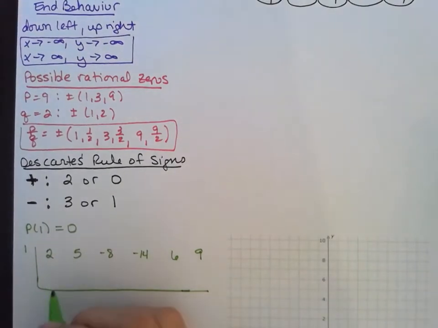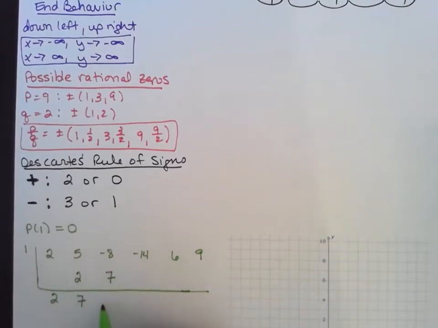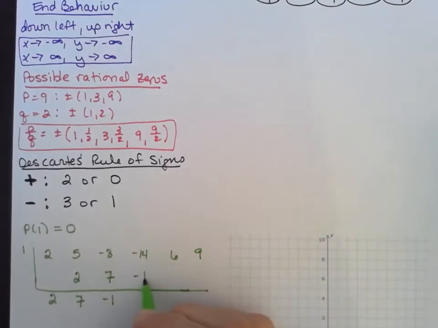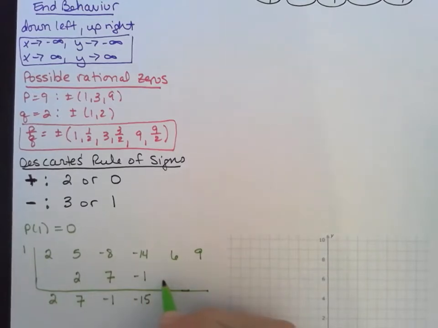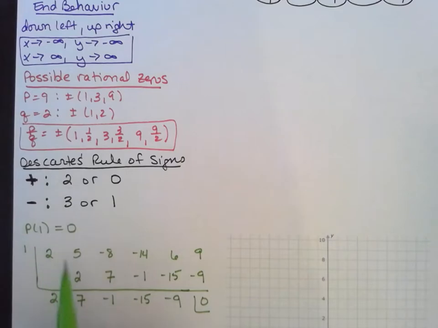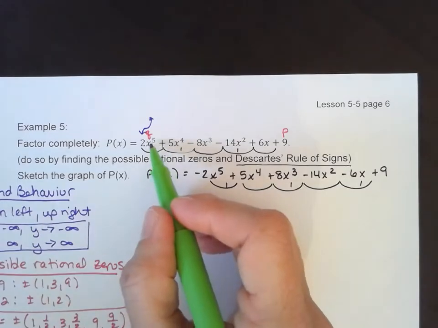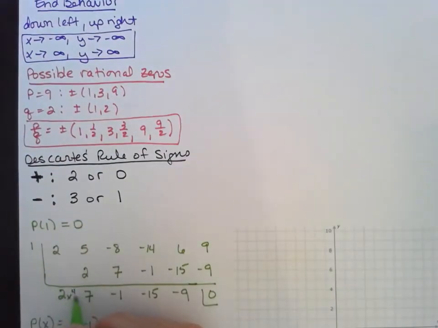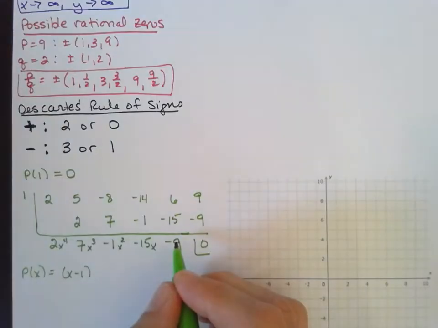So bring down the 2, multiply, add, multiply, add, multiply, add, multiply, add, multiply, add. Hopefully we get 0 because that's what we determined here. So our factored form at the moment is x minus 1 times this polynomial, reduced by 1 degree. So this started as x to the 5th. This one becomes x to the 4th, x cubed, x squared, x, and that's our constant. So then we get all of that.